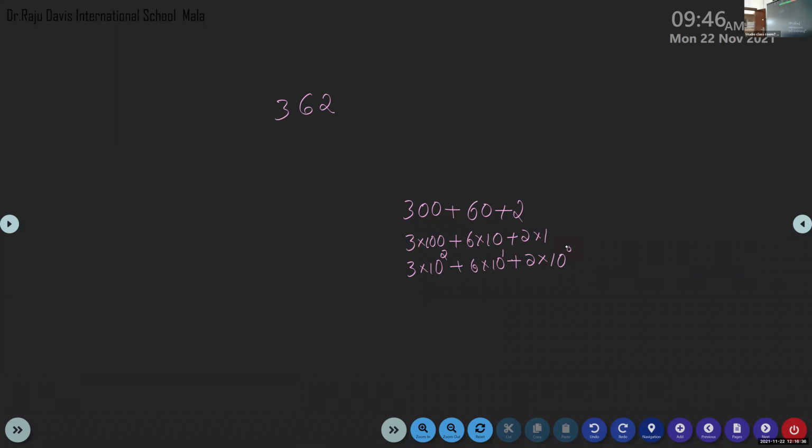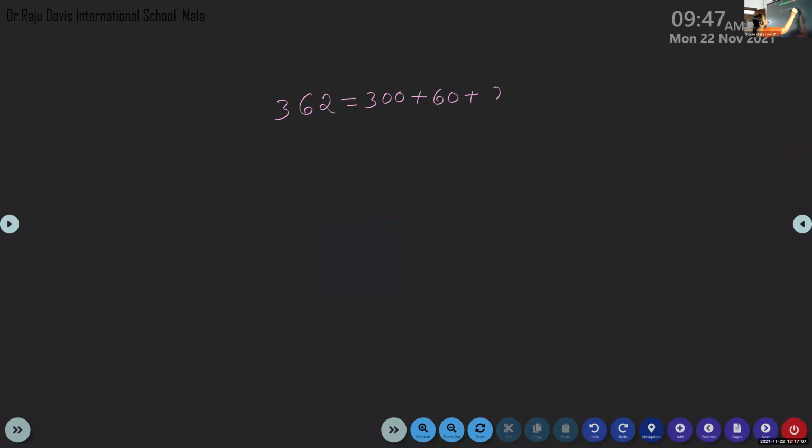So 362 is 300 plus 60 plus 2, that is 3 into 100 plus 6 into 10 plus 2 into 1, that is 3 into 10 square plus 6 into 10 raised to 1 plus 2 into 10 raised to 0.